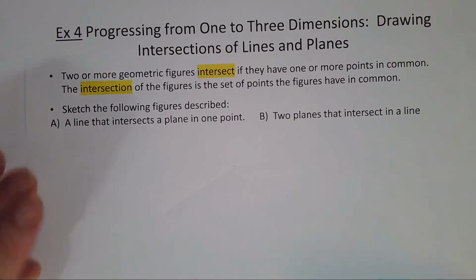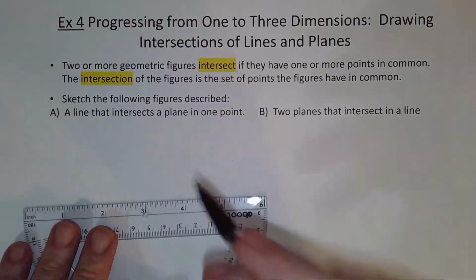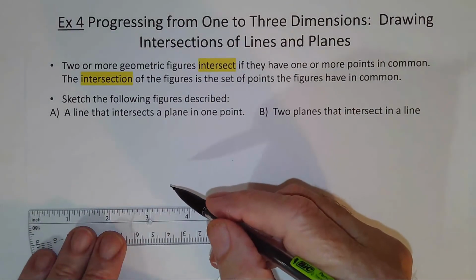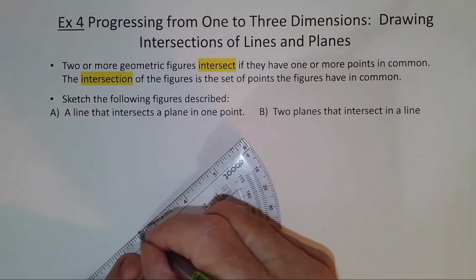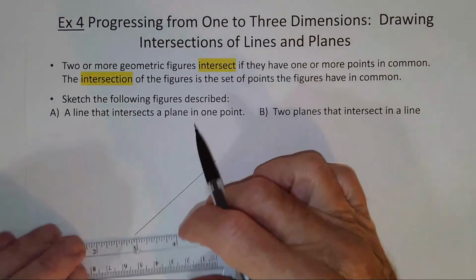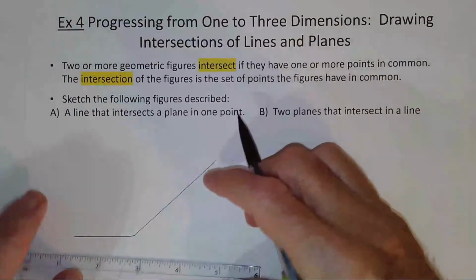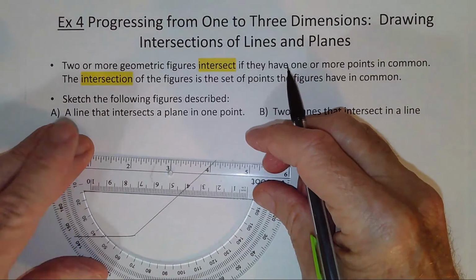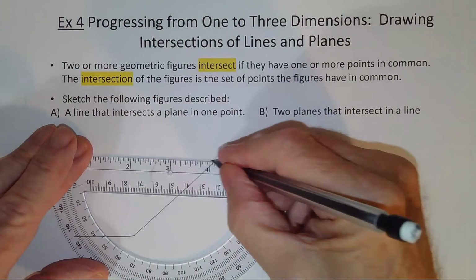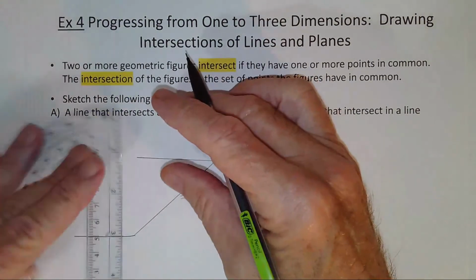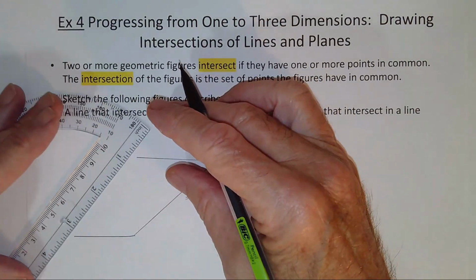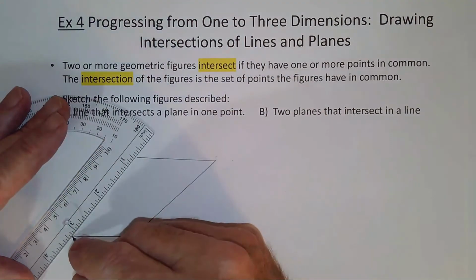So I'm going to draw a plane. Remember, a plane is just a piece of paper. I'm just going to pretend that I've got a piece of paper here. And so here's my plane, if you will.